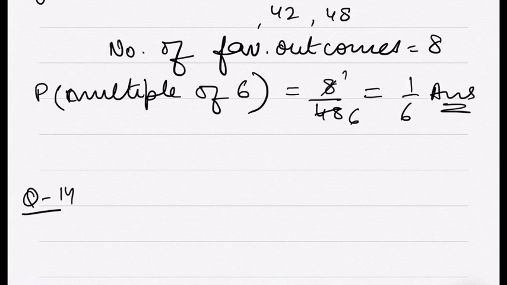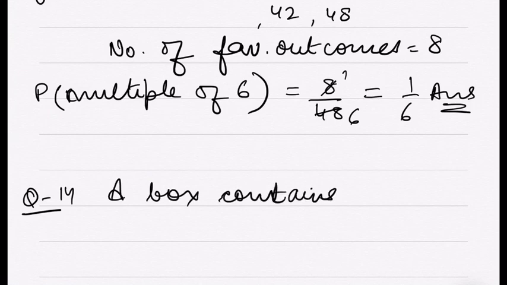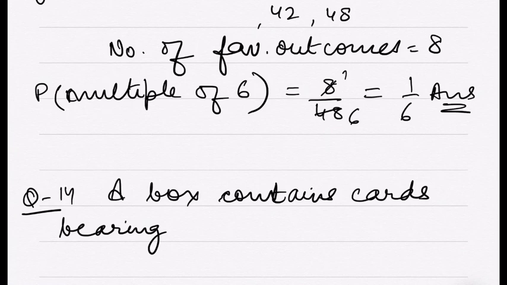It says a box contains cards bearing numbers from 6 to 70.